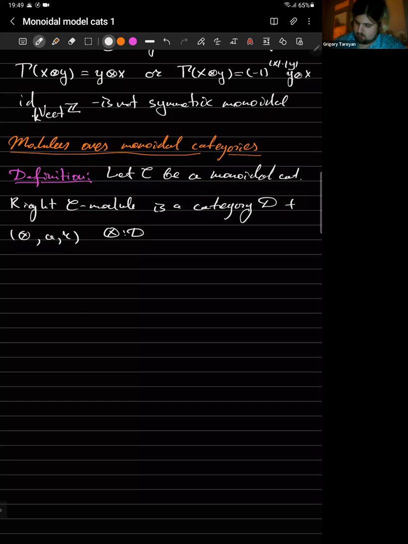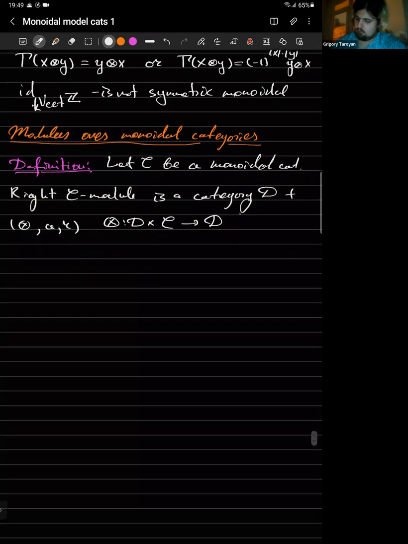We should have a bifunctor from D times C, which is precisely the action of the monoidal category C on this category D. A is an associator, so it is a natural isomorphism between the following two functors. Now the tensor product here means different things. The tensor product here and here is the tensor product of this action of C on D, and here the tensor product is the internal tensor product of C.